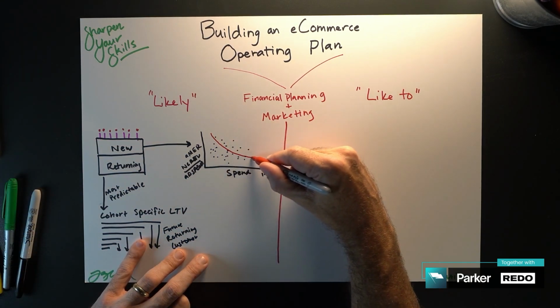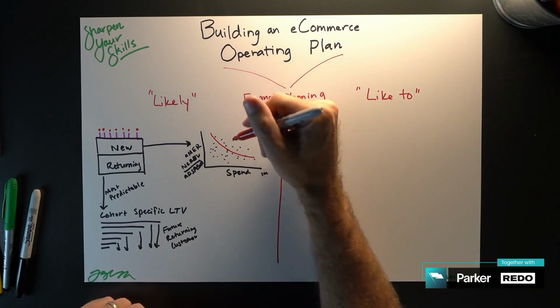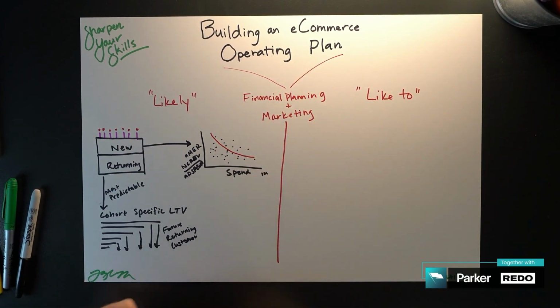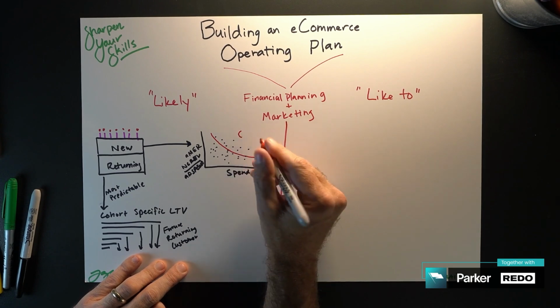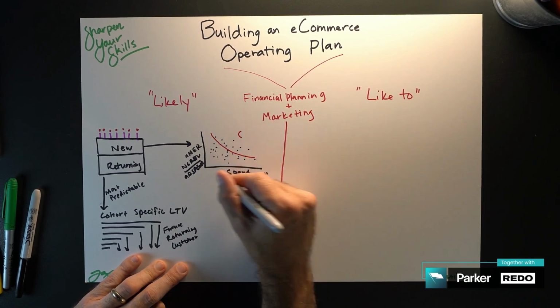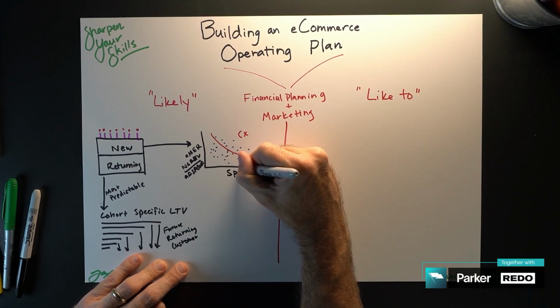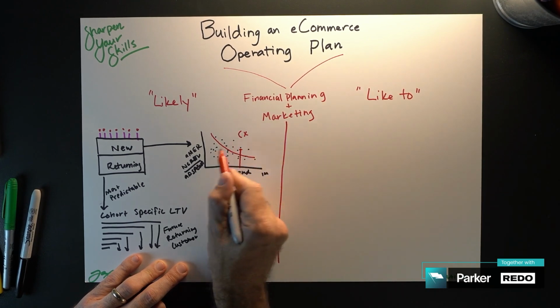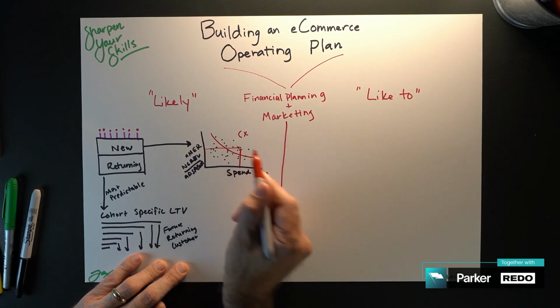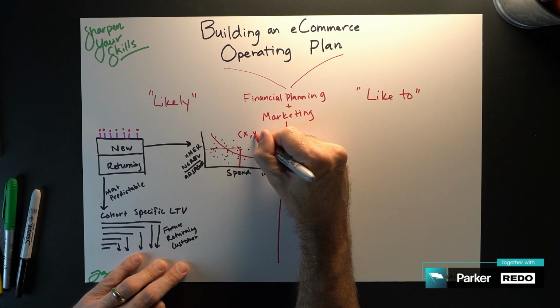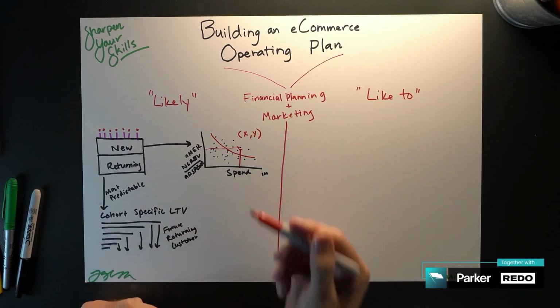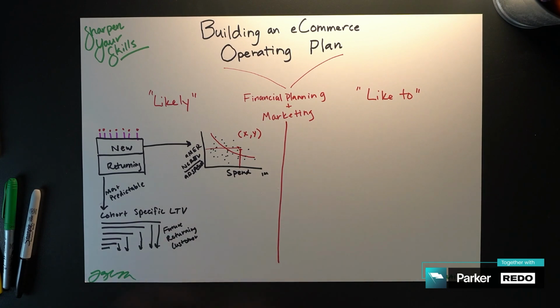Every business has some line that when you run a regression analysis, or if you want to use a very basic average, you can begin to see that if you were to pull a point on this graph where you were to say spend is X, it would create a corresponding plot point Y, such that you could predict the relationship between spend and efficiency in any given period of time.